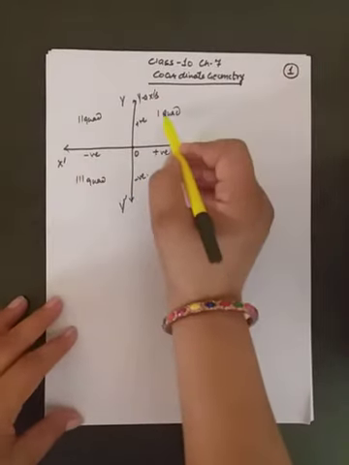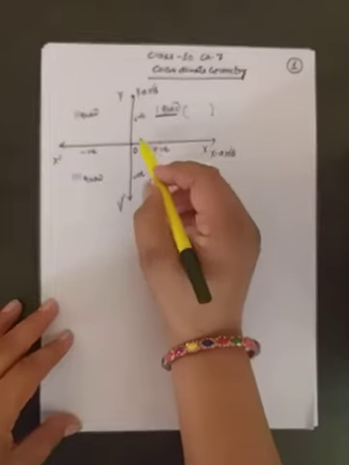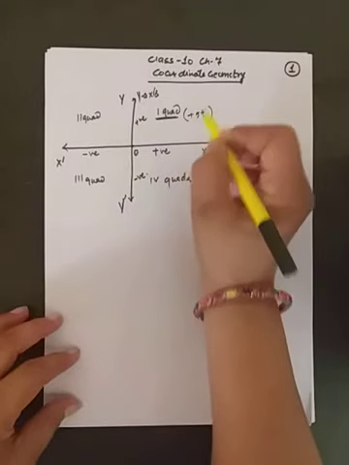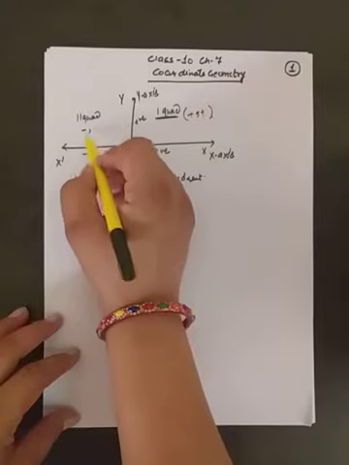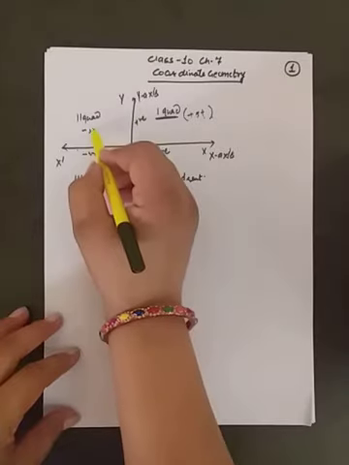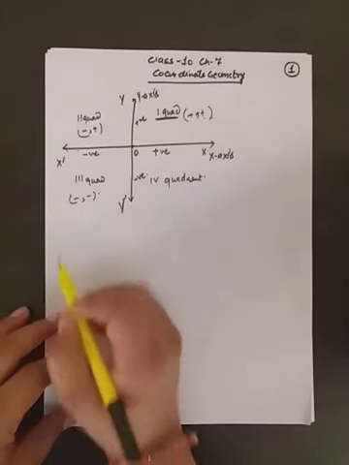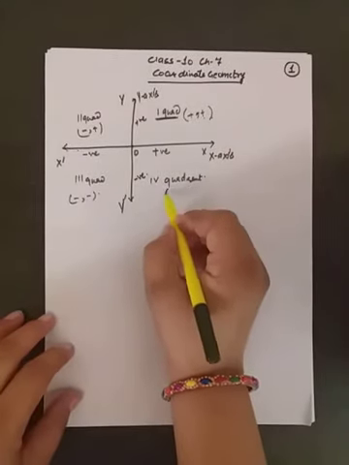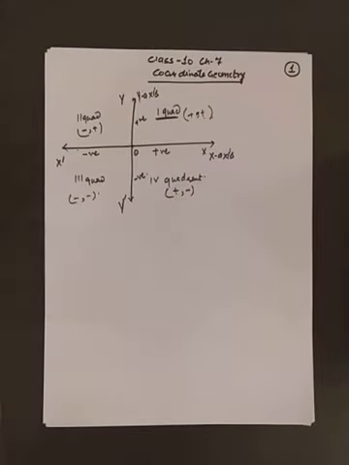So a point which lies in the first quadrant has coordinates with signs positive, positive. A point which lies in the second quadrant has a negative x value and a positive y value. Similarly, in the third quadrant both the x coordinate and y coordinate are negative. In the fourth quadrant, x is positive and y is negative.